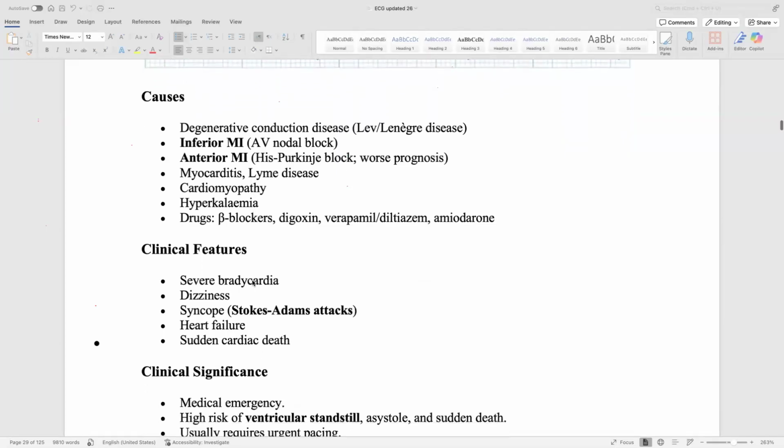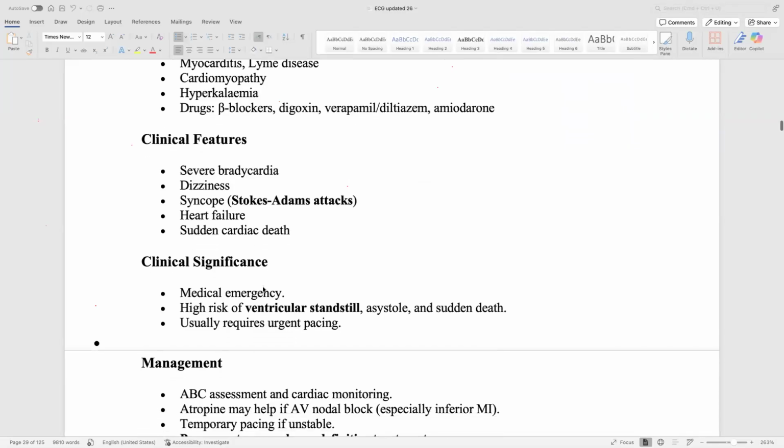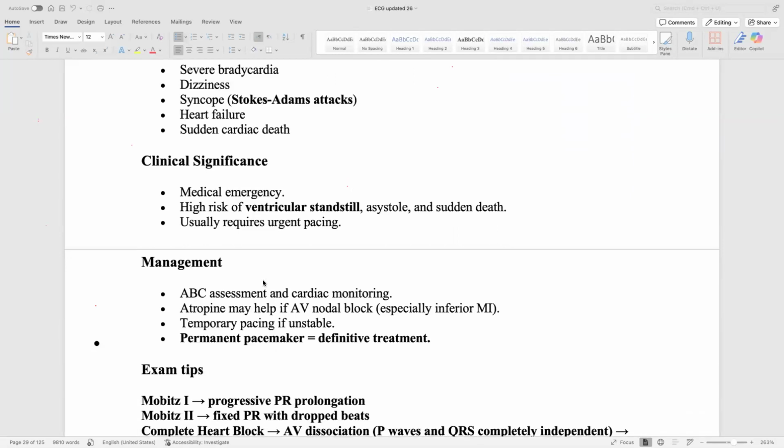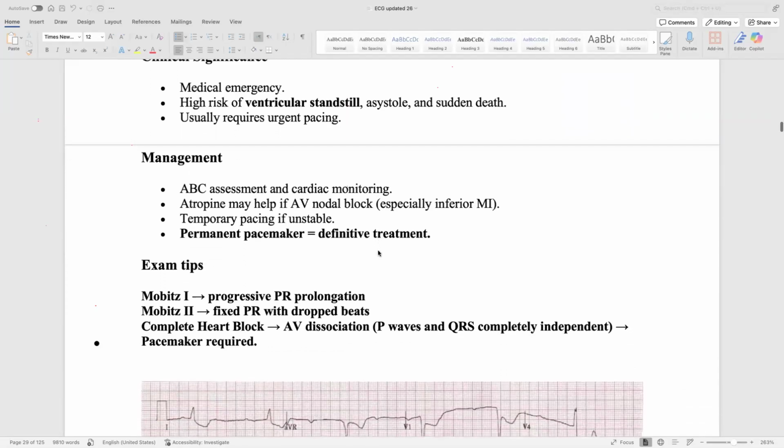Features will be severe bradycardia, dizziness, syncope because of Stokes-Adams attack, heart failure, sudden death. It's a medical emergency. High risk of ventricular standstill or asystole and sudden death. Management: ABC.